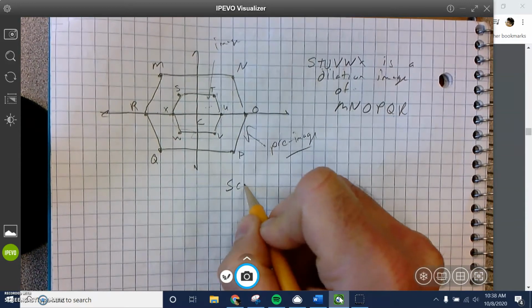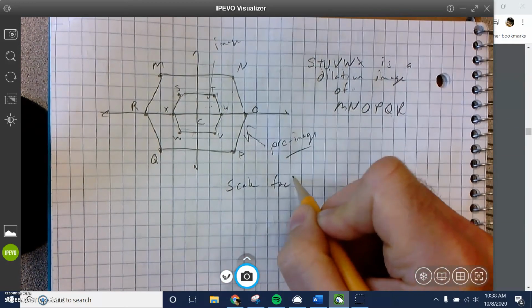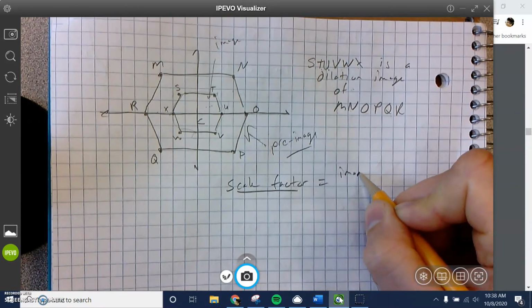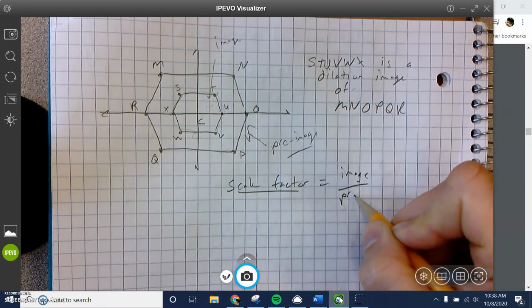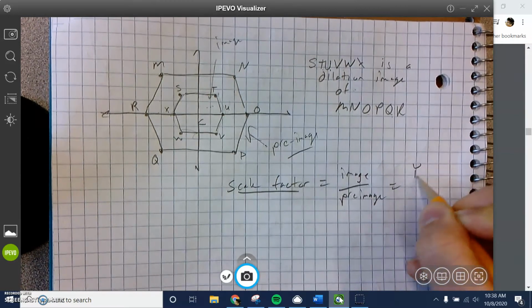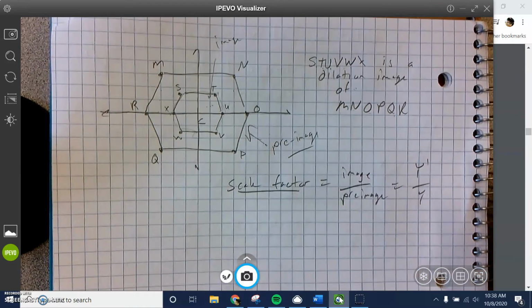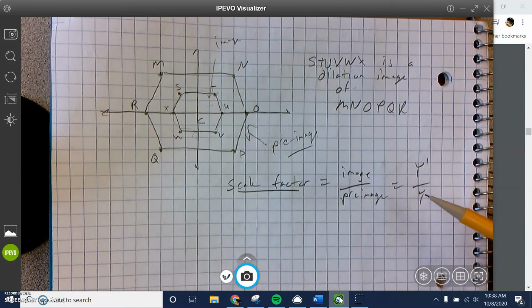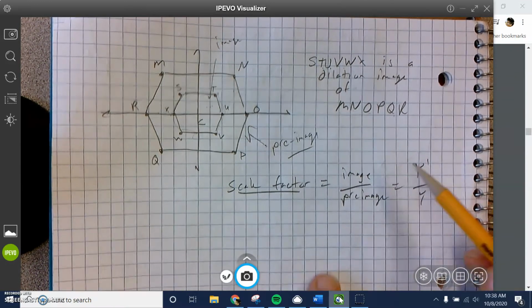Okay, scale factor. That's the image over the pre-image, or Y prime over Y. Either one's going to work. I don't have to do both, but I'm just going to do both to show you. All right, so it's image over pre-image.